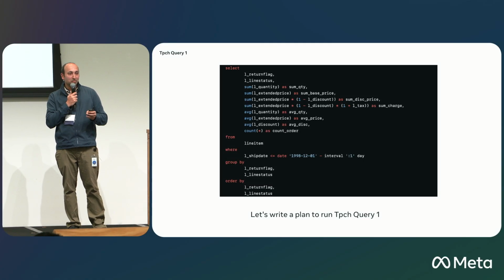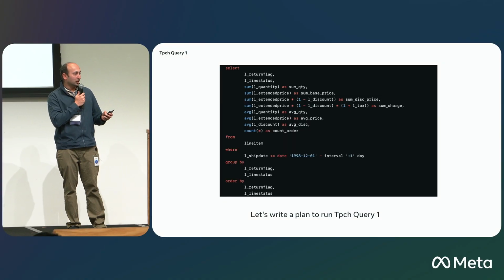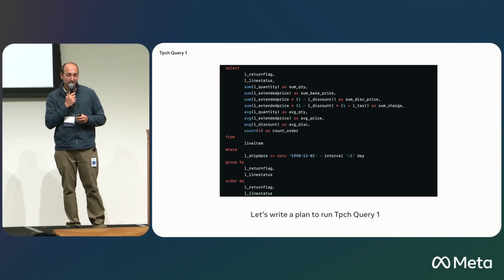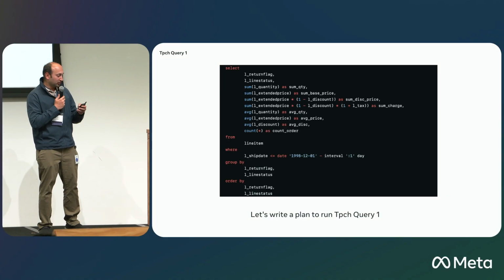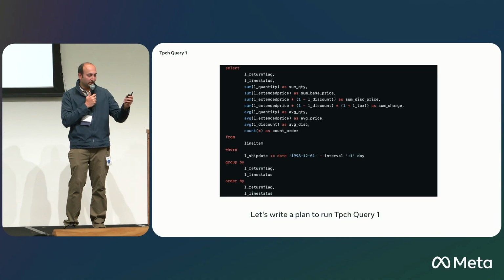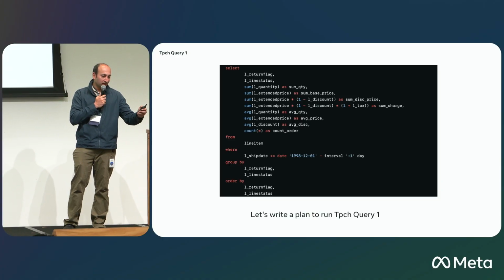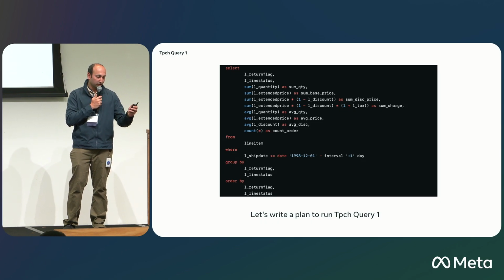This is just a simple plan, the kind you read in a tutorial or on a lightning talk. And the hard stuff is left to the reader as an exercise. Here you have a simple query that just reads from one table, does some projections, some aggregations on it, a filter, and it does a group by and order by.